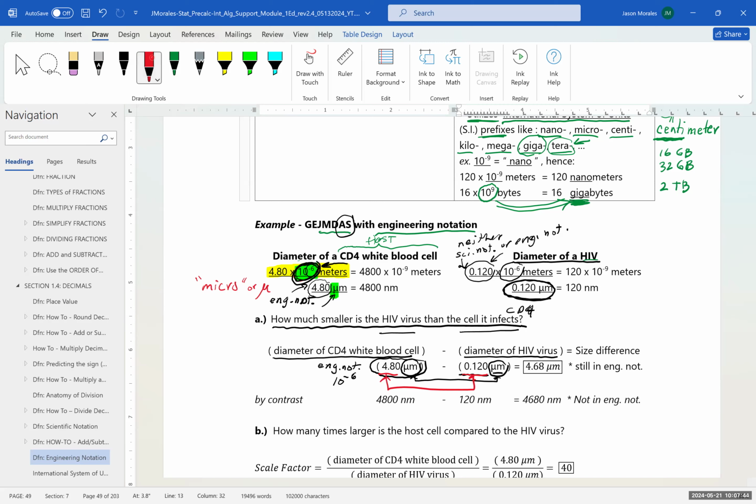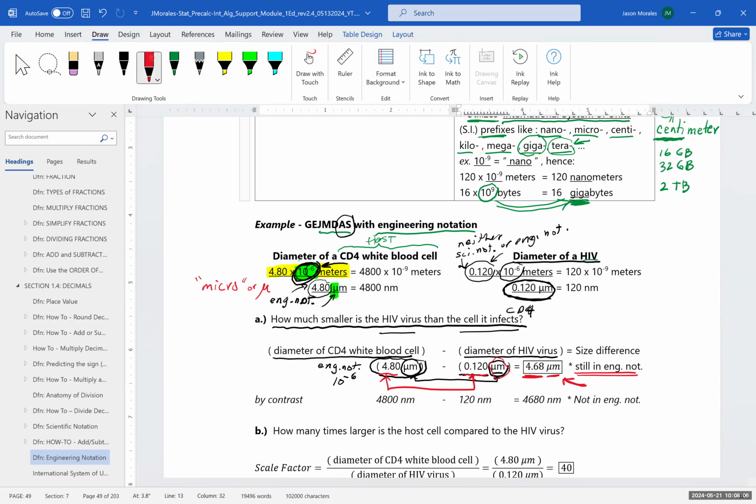So 4.8 minus 0.12 gives us 4.68. And then we can just reattach the units, micrometers, at the end. And you'll notice that now this answer is still in engineering notation. And that's kind of what we care about in the end.